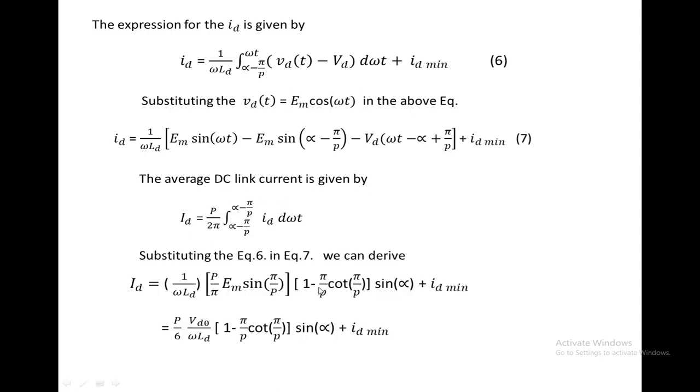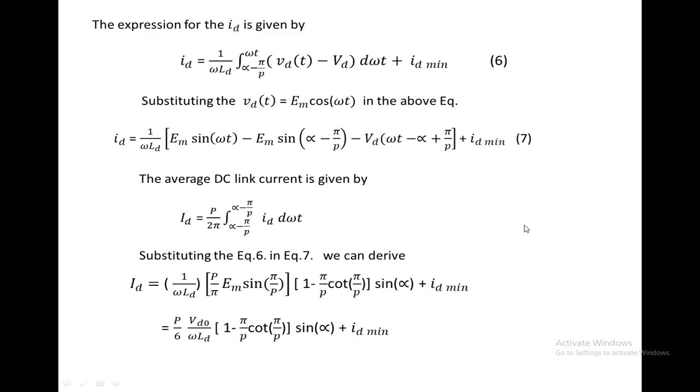We get the final expression: Id, nothing but the average DC current, is equal to P by 6 into Vd naught divided by omega Ld into 1 minus pi by P cot pi by P into sin alpha, plus Id minimum.